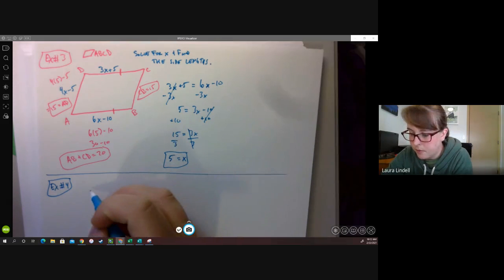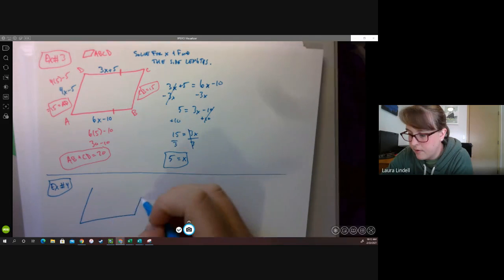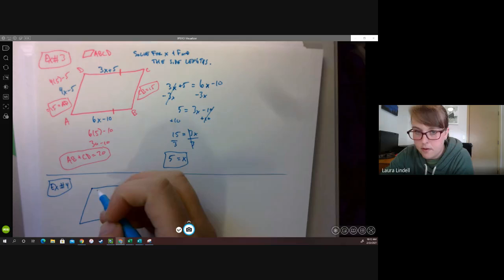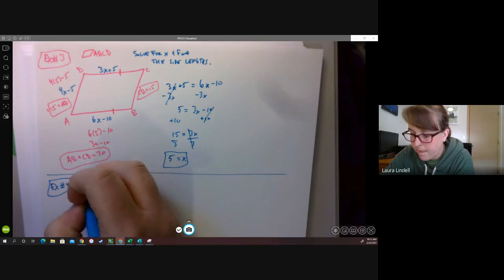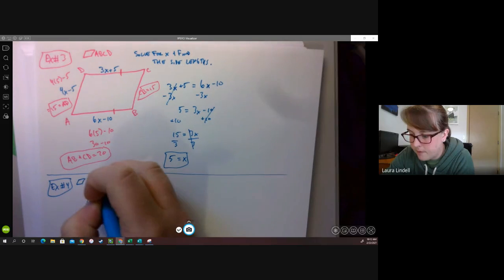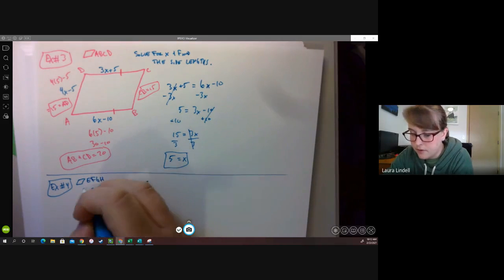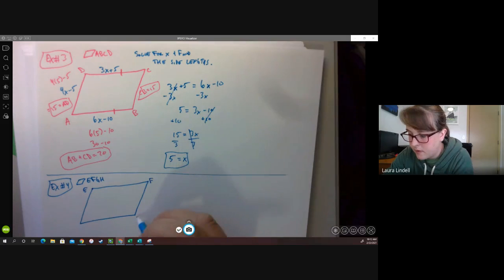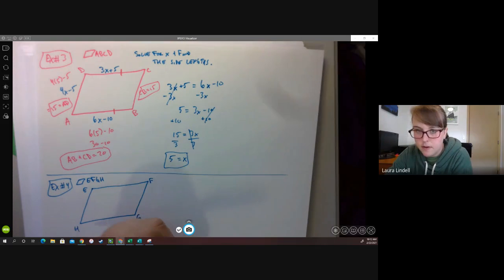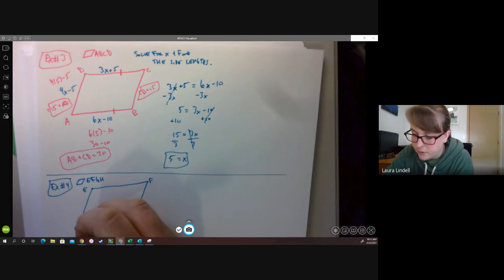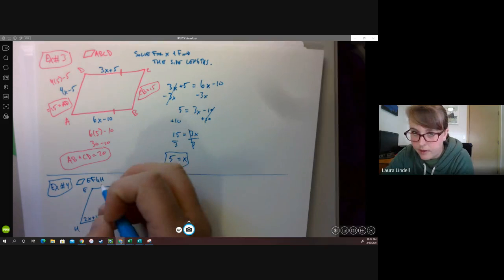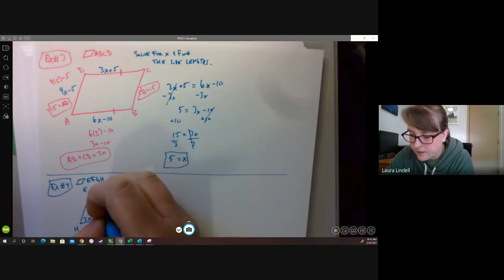Let's go. We've got parallelogram EFGH. We know this angle is 2x plus 12, and this angle is 5x.